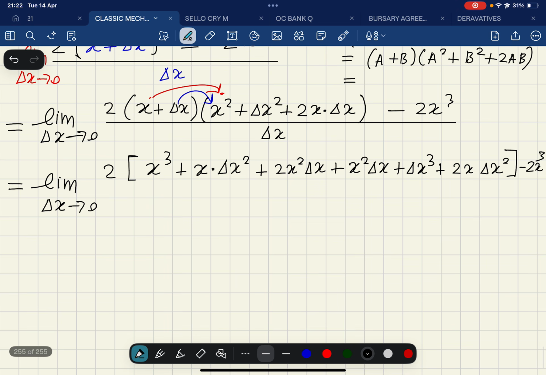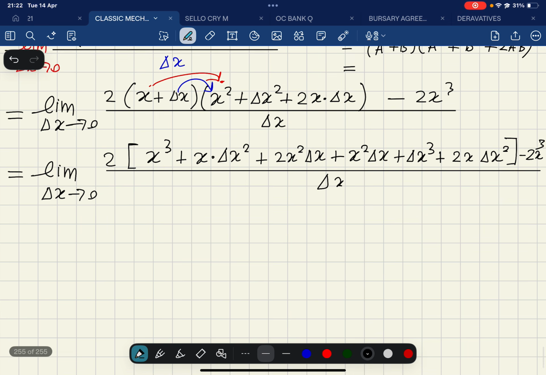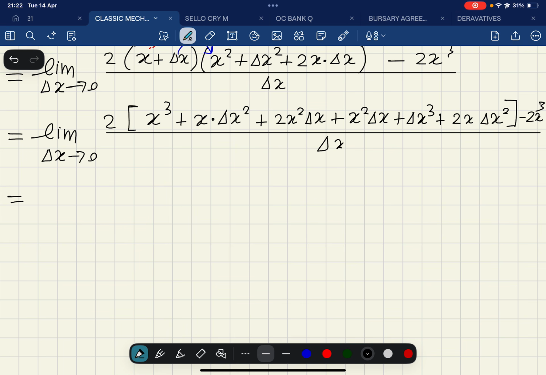So from there I will divide everything by change in x. So I start distributing my 2. When I distribute my 2, I still have the limit as the change in x approaches 0.